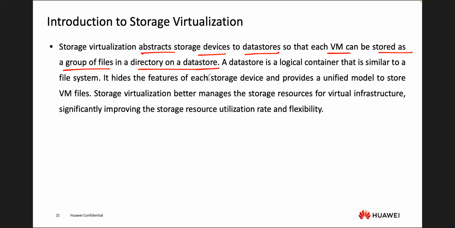What that means is that you're taking from that physical disk, you're creating data stores so that the VM can be stored in a group of files. Remember, it's kind of this file storage part. And so the data store is a logical container that's similar to a file system. It hides the features of each storage device and provides a unified model to store VM files.